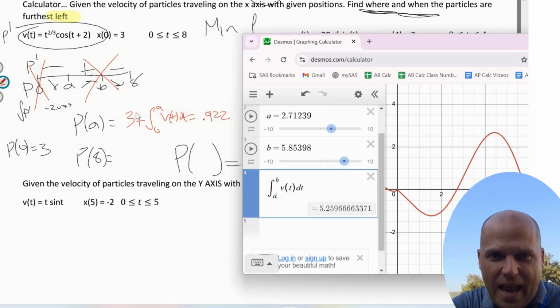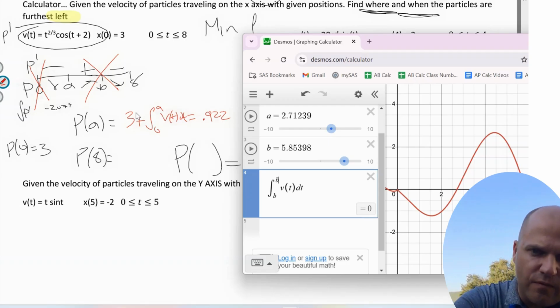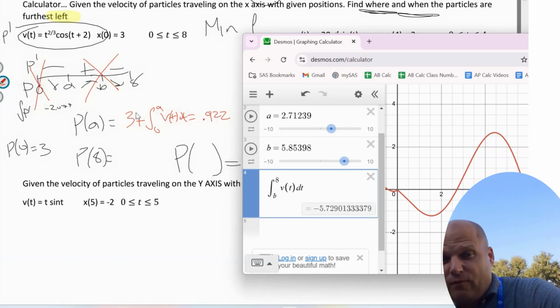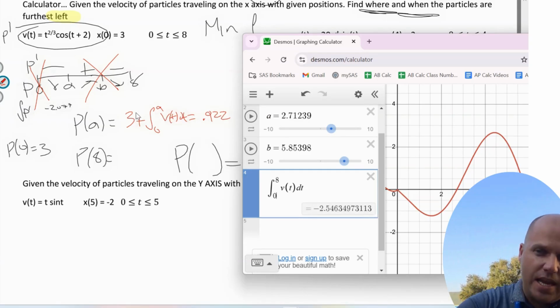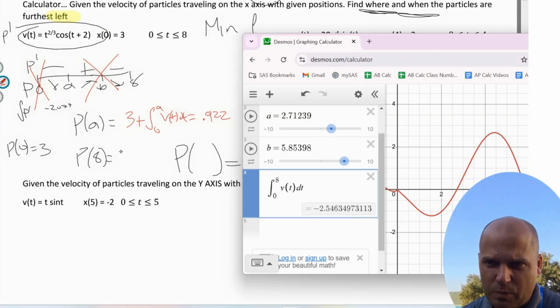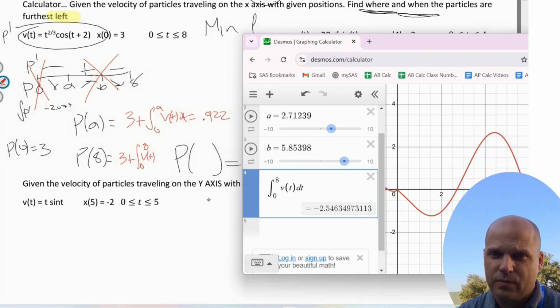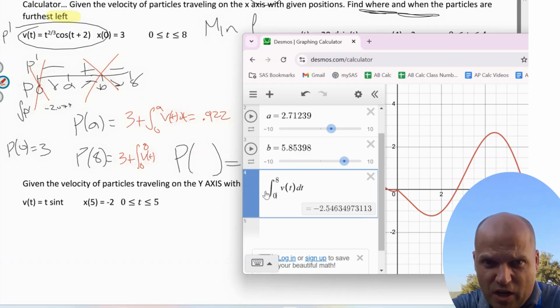You go from B to 8 to figure out, okay, so I go left 2, I go right 5, I then go left 5.7, or you could just go from 0 to 8. You have your initial position 3. You can figure out your overall displacement. Overall, from 0 to 8, you go to the left 2, which means it's going to be very close.